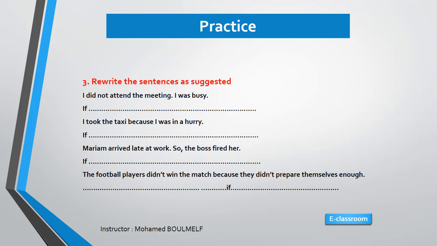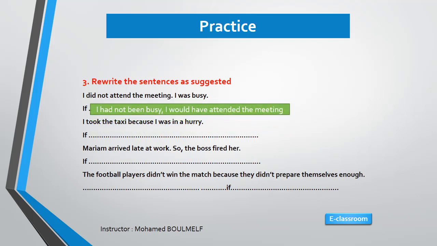I was busy. Okay? So we are going to have, if I had not been busy, I would have attended the meeting. So if you notice that I was busy is in the affirmative form, so we're going to change it to a negative form.